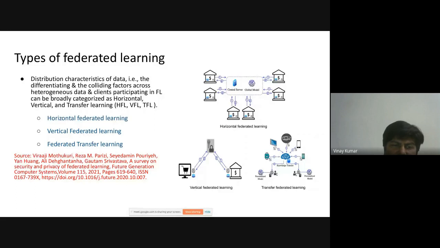Next, we have federated transfer learning. It is an implementation of the existing classical ML transfer learning technique, which is a way to train a new requirement on a pre-trained model that is already trained on a similar dataset for solving a completely different problem, right?